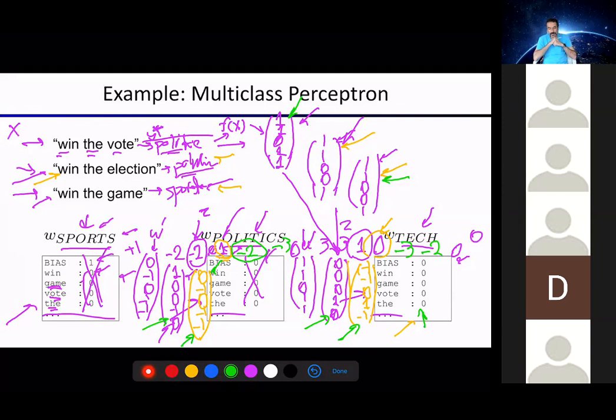In this case, where there is a tie, and ties might happen because these activations are discrete, we could consider it incorrect, and we update the labels, and we go another round to see whether it makes the correct decision or not.